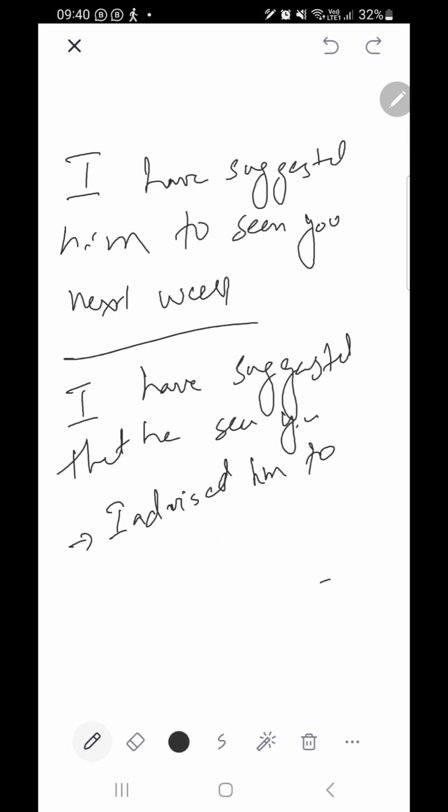Like suggest and recommend, we cannot use him after that. However, we can use that after them. This is a common rule that you should remember. Suggest and recommend cannot be followed by an object pronoun such as him or her, whereas advise can.